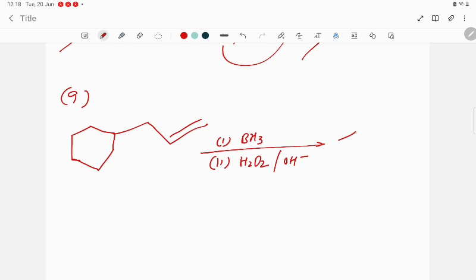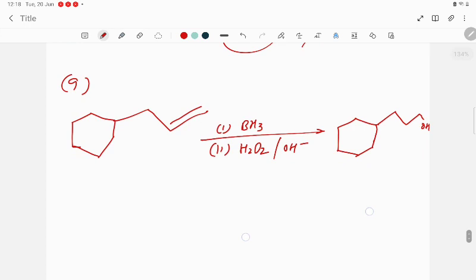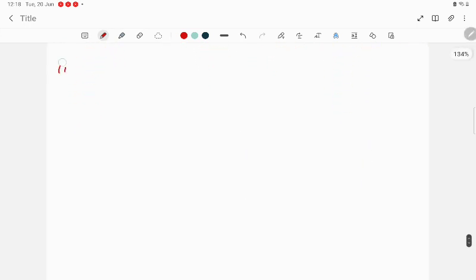So what product will you find? Here you can see this position, student, so OH will be on the downside. This is the OH group, student. Let me rewrite it here, OH group. So here is the OH, this is OH. So this is the product we got, student.